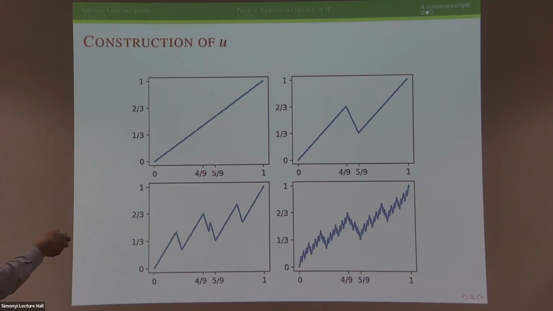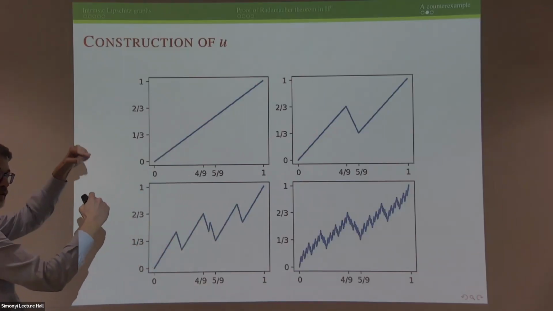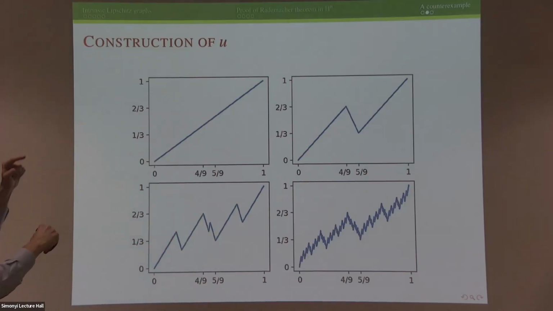Don't forget about these numbers. Then in each step, this is the first step, this is the second one, third one, fourth one. In each step, you start from your previous picture and you put 3 copies of it, scaled by different scales in length and height.